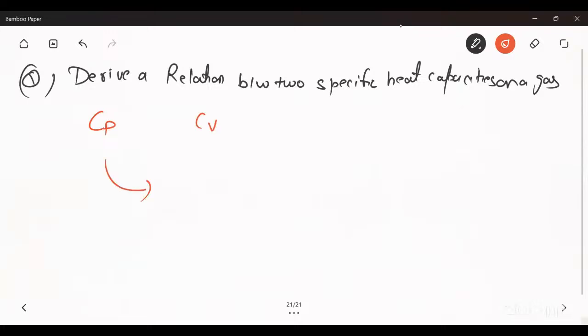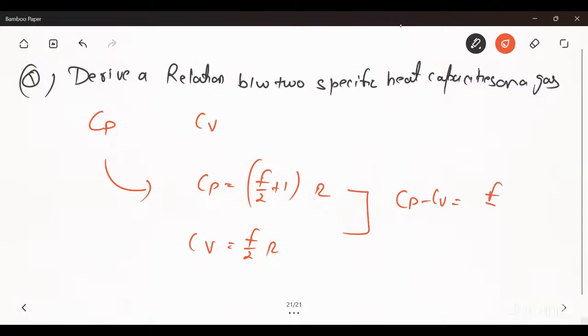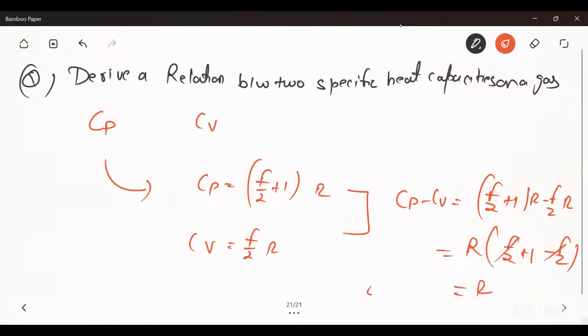Now derive the formula: Cp is defined as (f upon 2 plus 1) times R, and Cv is defined as f upon 2 times R. Now if you subtract Cp minus Cv, you get (f upon 2 plus 1) times R minus f upon 2 times R. Now if you take R common, you get f upon 2 plus 1 minus f upon 2, so you get the value R. So this is the relation: Cp minus Cv equals R.